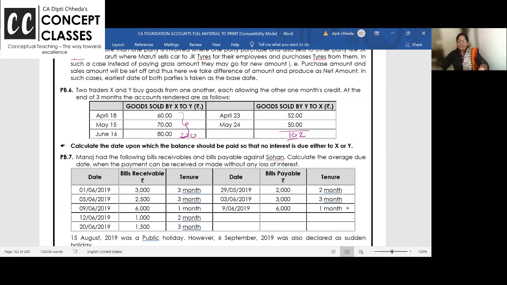One problem which I have left, the fifth one, is very easy. You all can do it. But it is a nice problem. If paid earlier, then interest, if paid later, and so on.